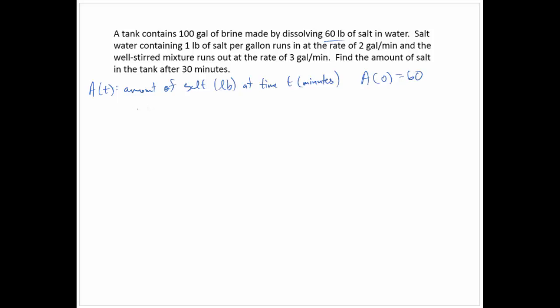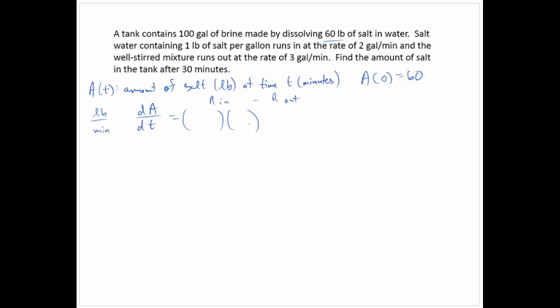All right, so let's remember that our equation takes the form dA/dt, and again this would be in terms of pounds per minute. And we think rate in minus rate out. How is this coming in?